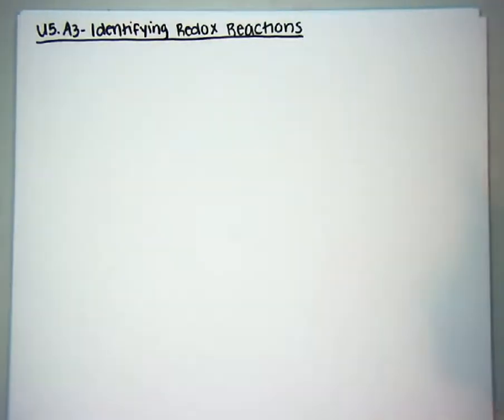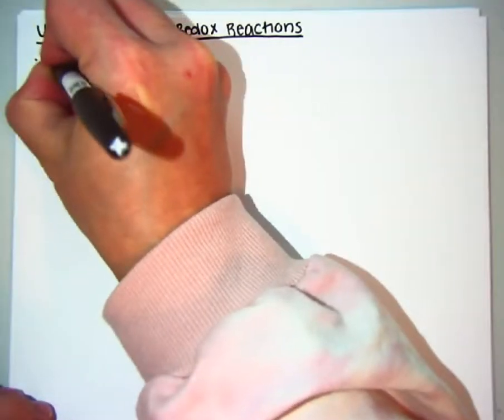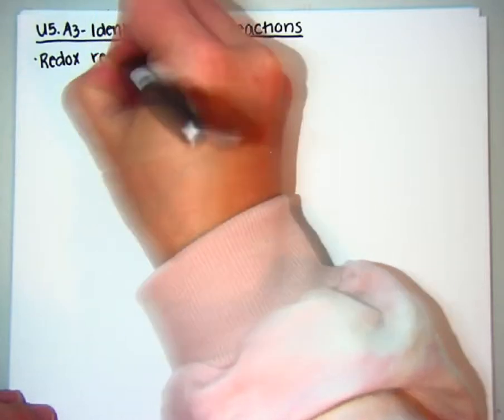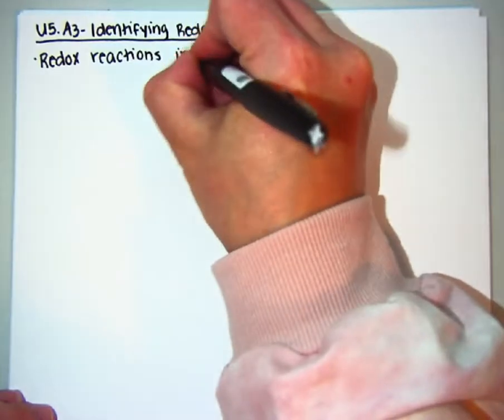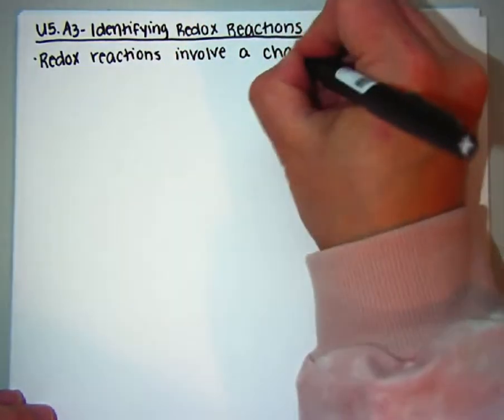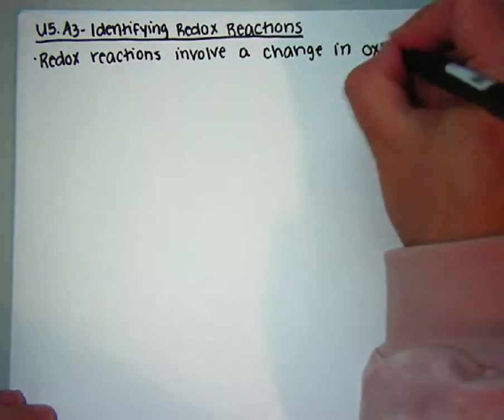In this lesson, we're going to cover Unit 5, Acquisition 3, Identifying Redox Reactions. So these should be pretty easy to identify. Redox reactions involve a change in oxidation number.